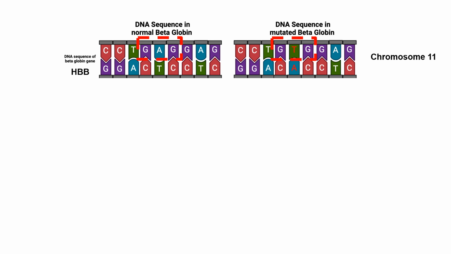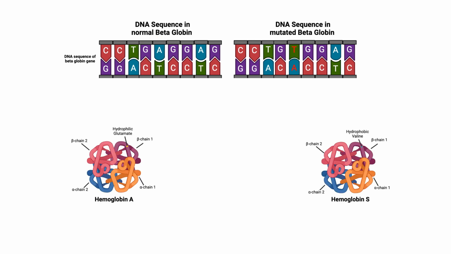Sickle cell anemia is caused by a genetic mutation in the beta-globin gene, HBB, on chromosome 11, which provides the instructions for making beta-globin, a protein that carries oxygen in red blood cells. This mutation leads to the production of abnormal hemoglobin, HbS, instead of normal hemoglobin, HbA.